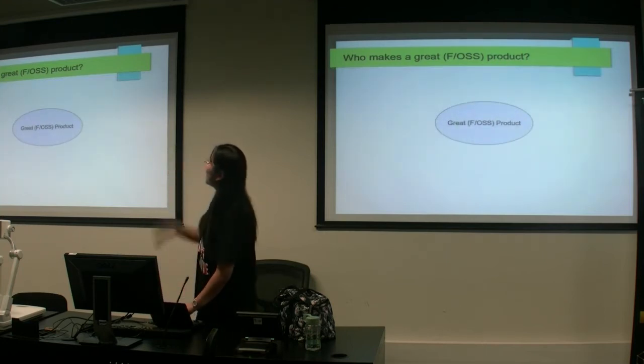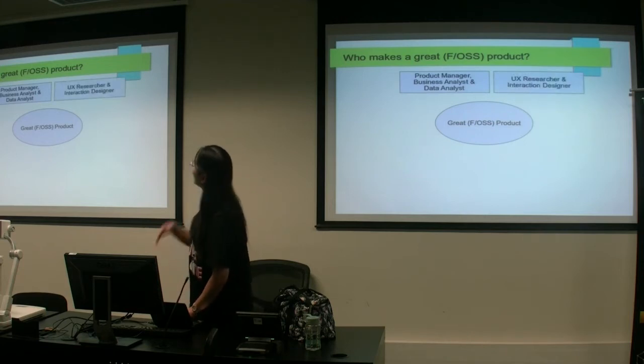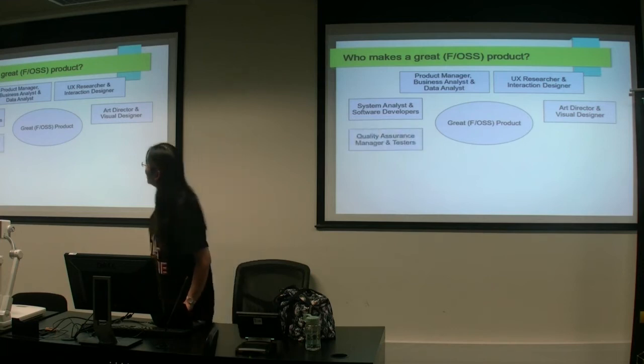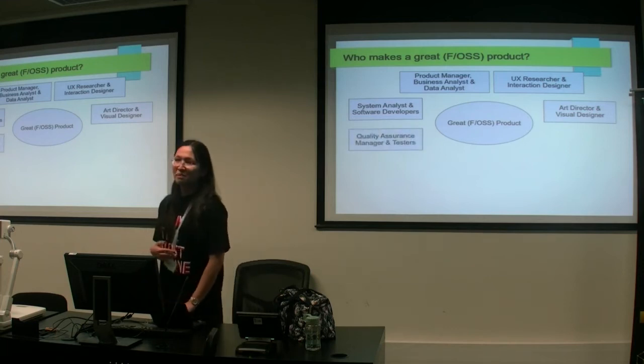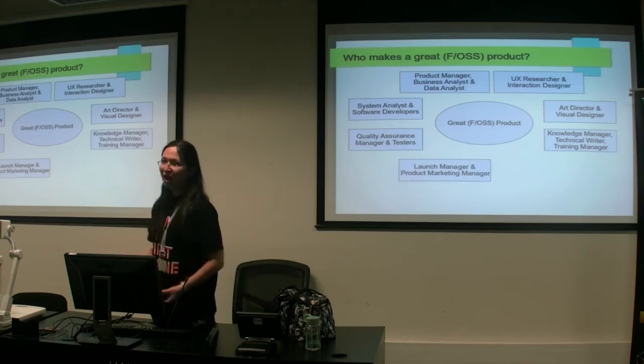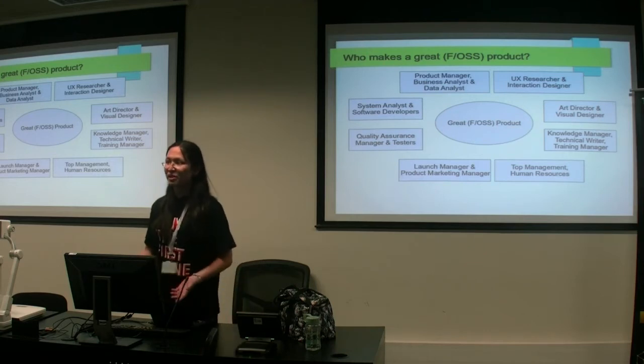So who are going to do all these great activities? So we have product manager, business analyst, UX researcher doing the UX research, interaction designer, system analyst, developers, art director or visual designer, quality assurance manager, testers, knowledge manager, technical writer, training manager, launch manager, product marketing manager, and top management support, human resources.